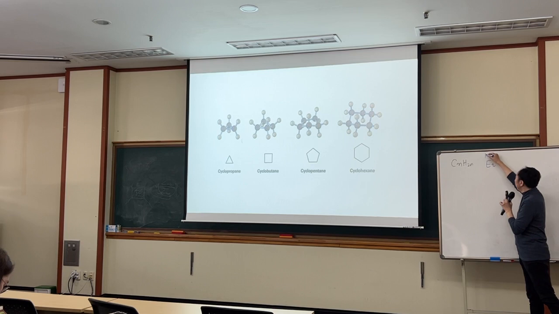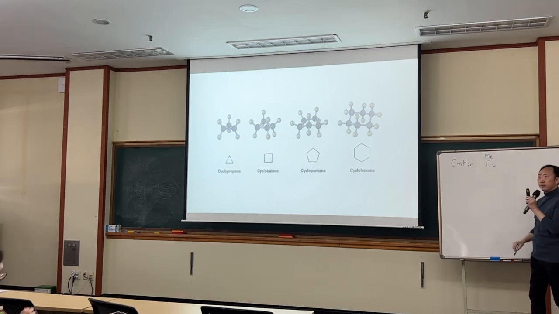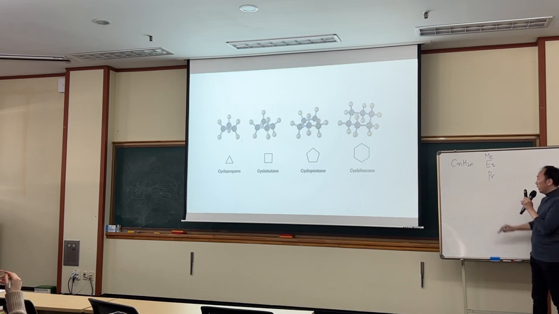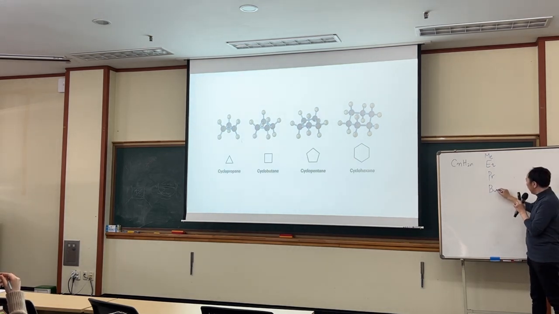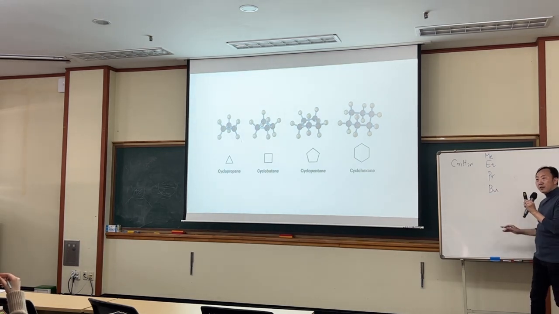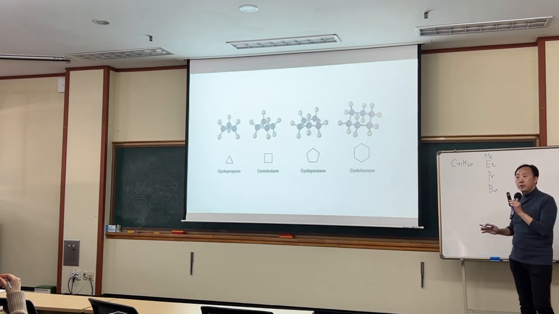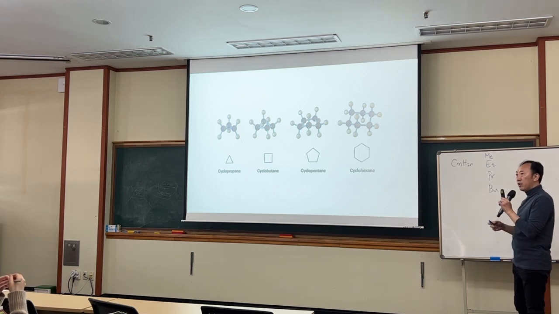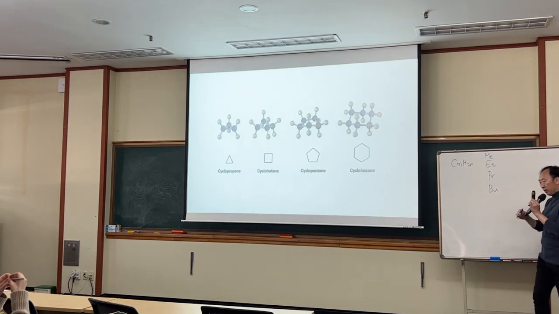Methyl group, Me, methyl. Propyl group, Pr, propyl. Butyl, Bu. Above that, usually we don't use much of that abbreviation. Okay, at least this much you need to catch. Methyl, ethyl, propyl, butyl.